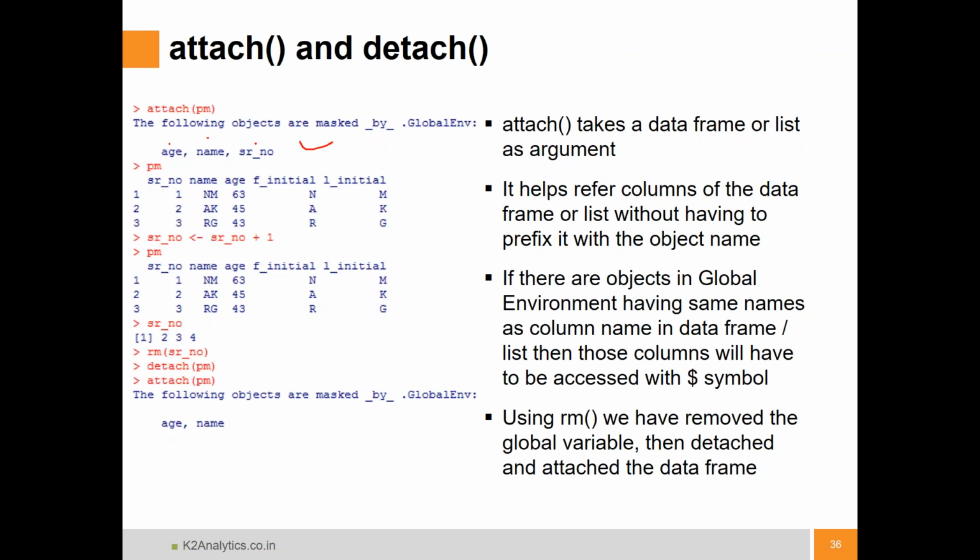So now when I say serial number is equal to serial number plus 1, which serial number will get impacted? The serial number object or the serial number column?